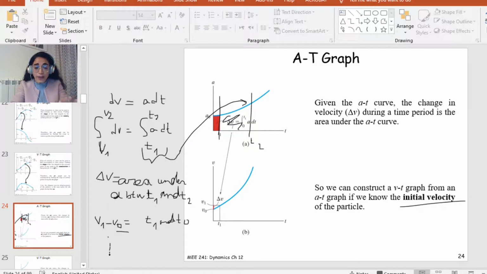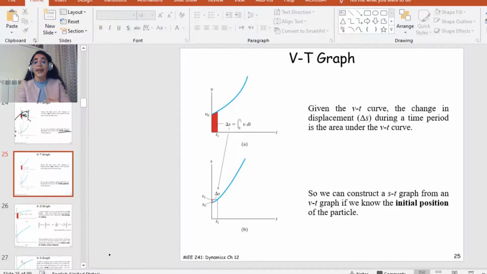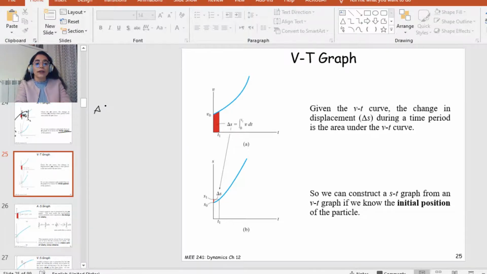In the same way, I can also find S, alright? So delta S will be what? Will be the area under the curve of V versus T. So delta S is the area under the graph VT.